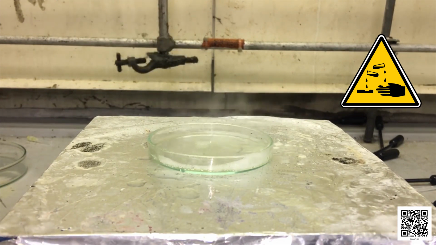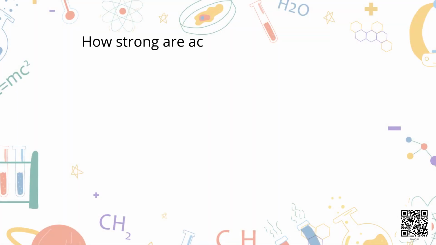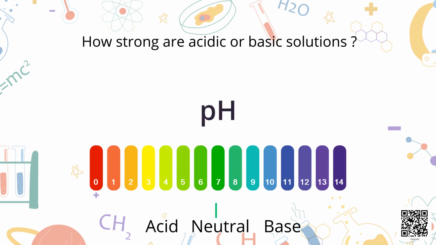Let us now try to understand how strong acid or basic solutions are. Children, to find out how strong a given acid or a base is, we use the pH scale. This pH scale is developed for measuring hydrogen ion concentration in a solution. The P in the pH stands for potenz, a German word meaning power.